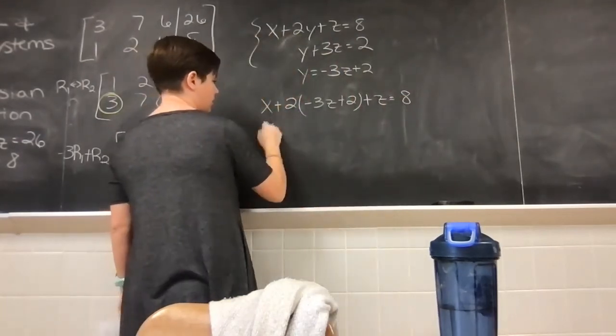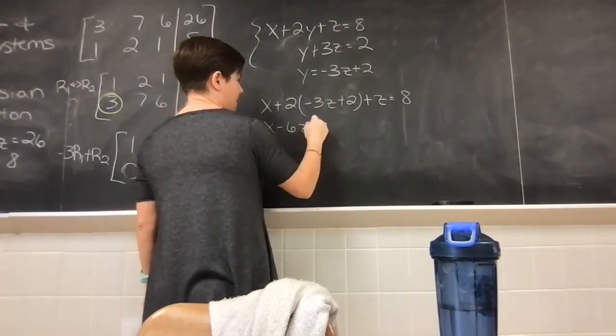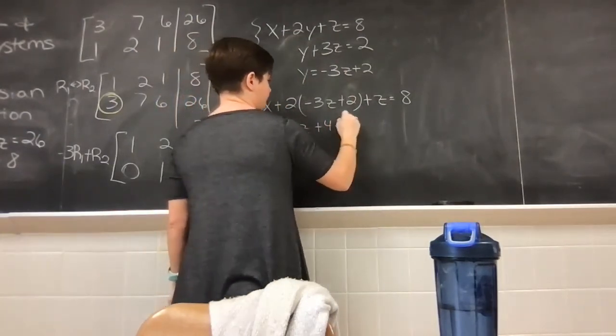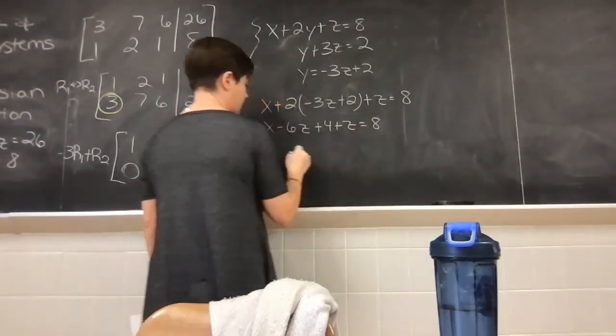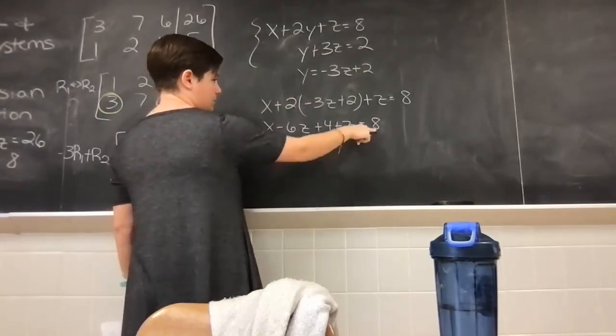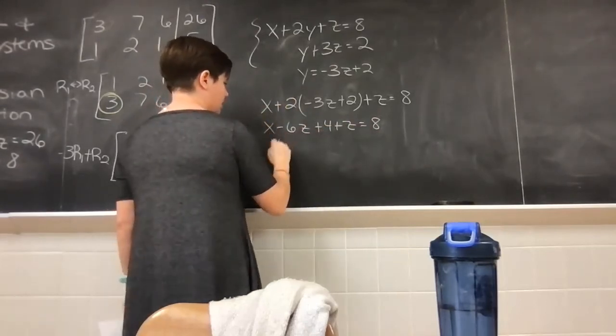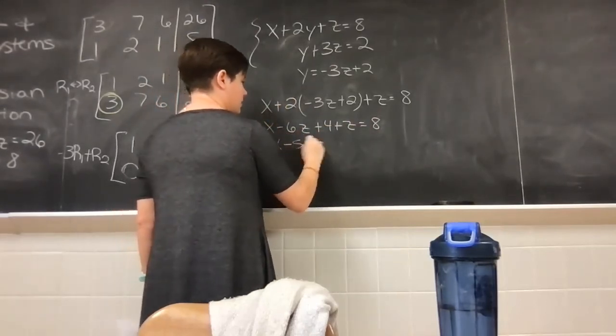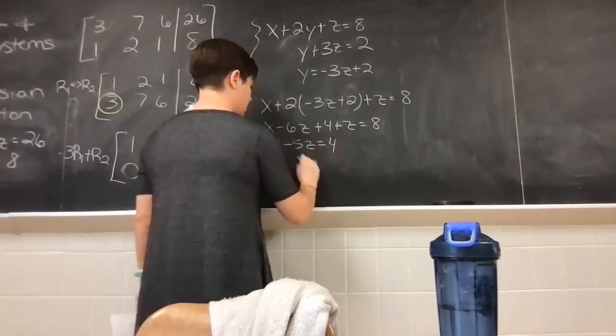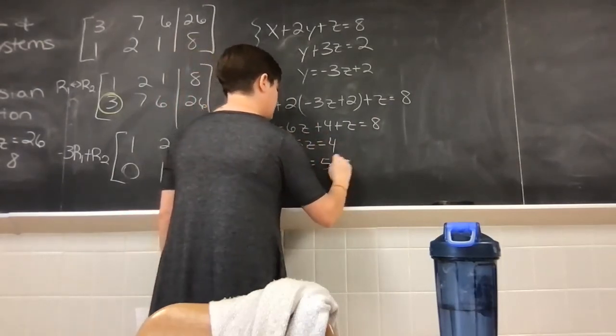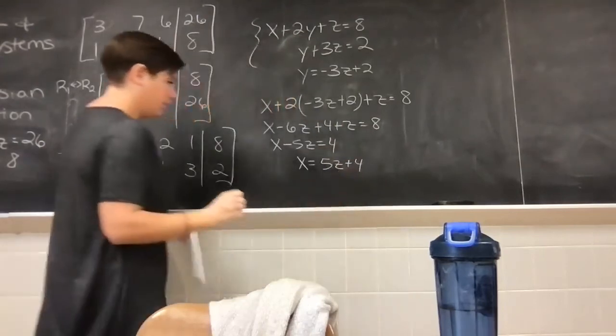Distribute that 2 in. Combine my like terms and move my constant over. So I have x minus 5z equals 4, x equals 5z plus 4.